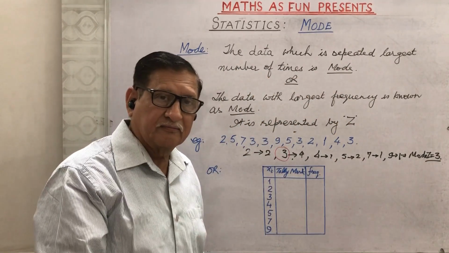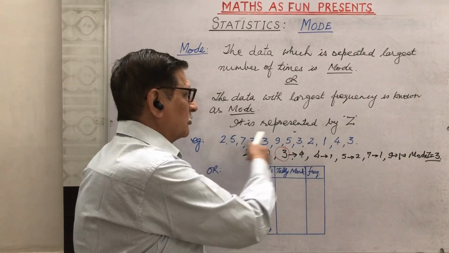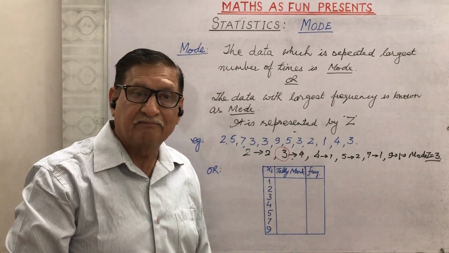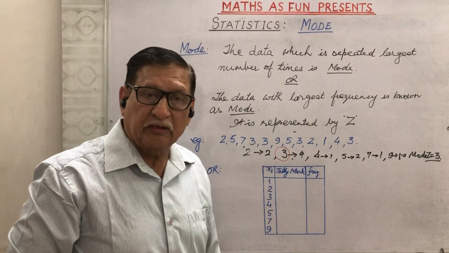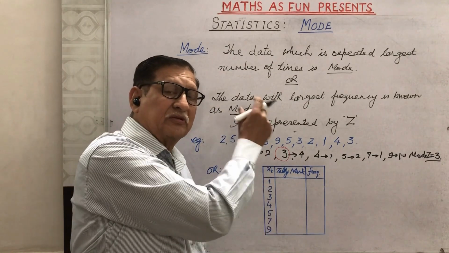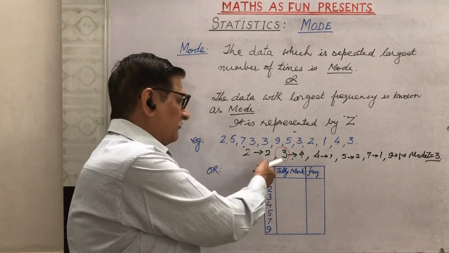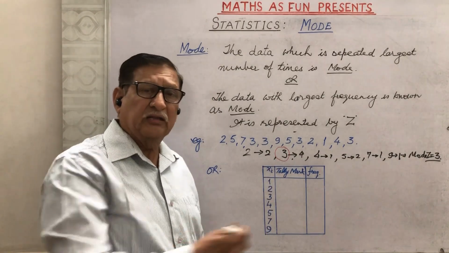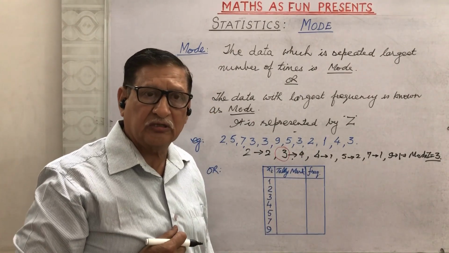To avoid having to count the data every time, as many times as there are data, we can convert it into a frequency table. To make the frequency table, we know that we have to use tally marks. In that we have to read the data only once, and then we can find the frequencies of all the data.